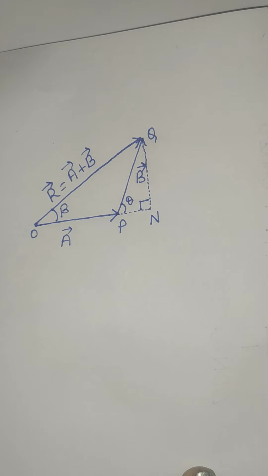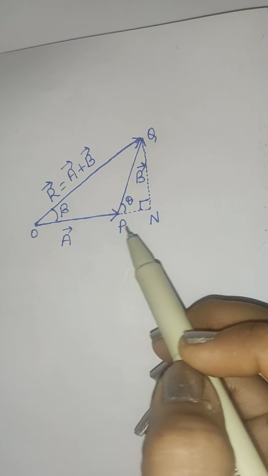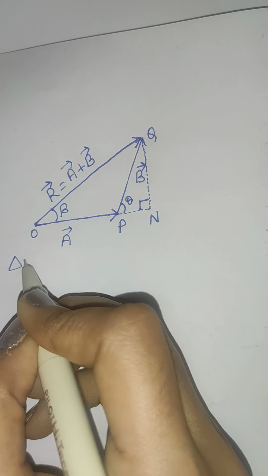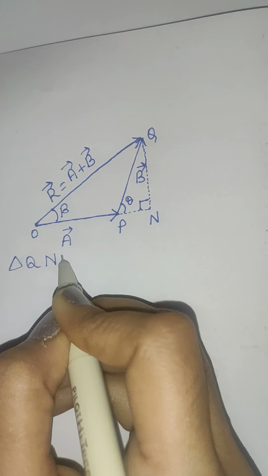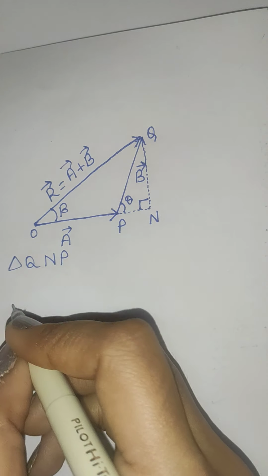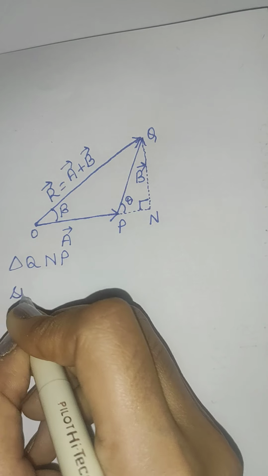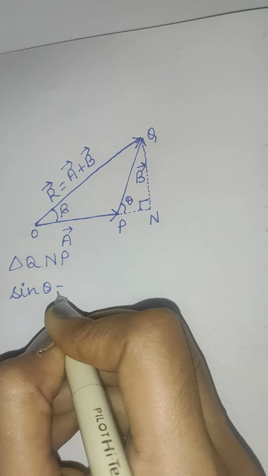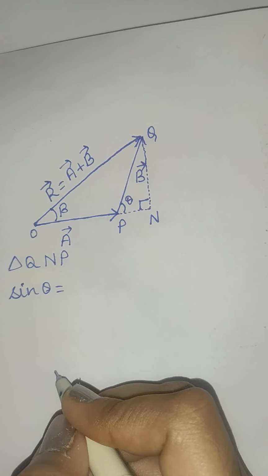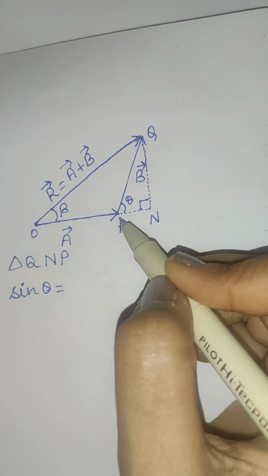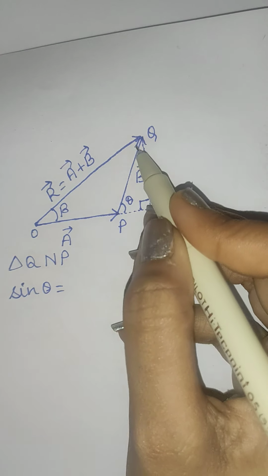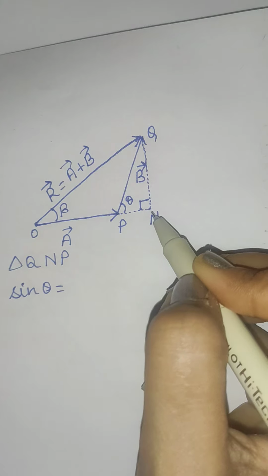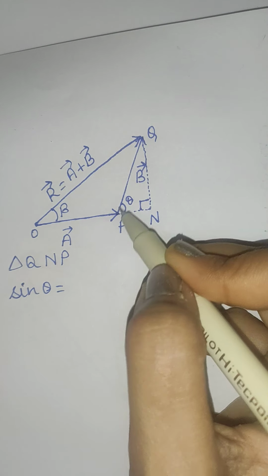Now first of all, consider triangle QNP. First of all, I'll take sine theta in this triangle. We know sine theta is equal to perpendicular upon hypotenuse. So in this triangle QNP, my perpendicular is QN and the hypotenuse is PQ.